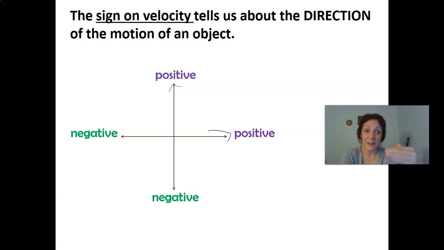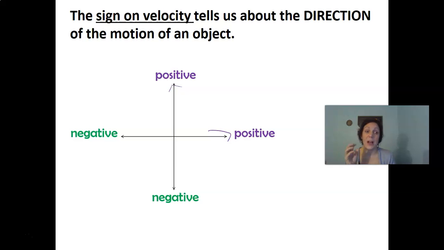And if the velocity is -5, that tells us something about the way the object is moving. If it's a back and forth situation, then I know the object must be moving to the left at that instant. If it's an up and down situation, then I know the object must be moving down at that instant. If it comes out positive, then I know that the object is either moving to the right or moving up. So they're going to ask us to describe the motion of an object at a moment in time. That's what they want us to say.